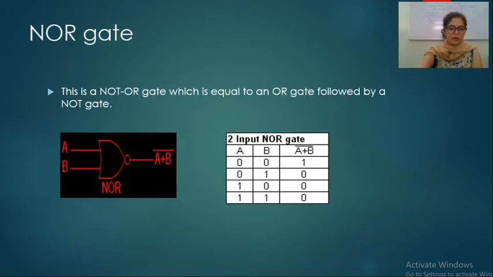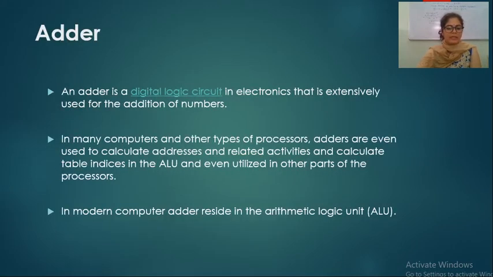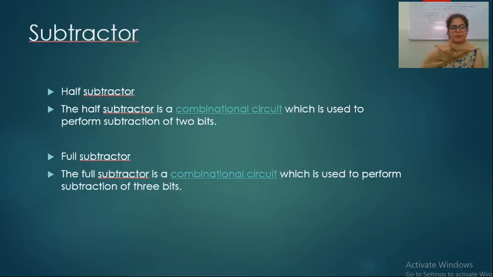NAND and NOR gates are the universal gates, because we can design any gate from NAND and NOR gates. After that, we studied De Morgan's theorem and then adder and subtractor. In the adder, we have two categories, half adder and full adder, whereas in the subtractor, again we have two categories, half subtractor and full subtractor.